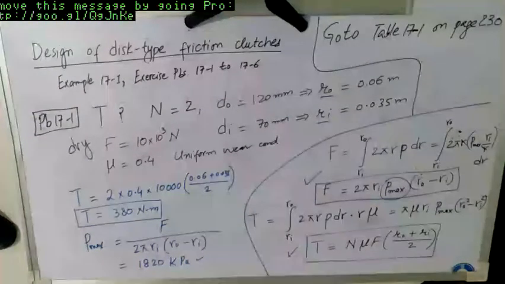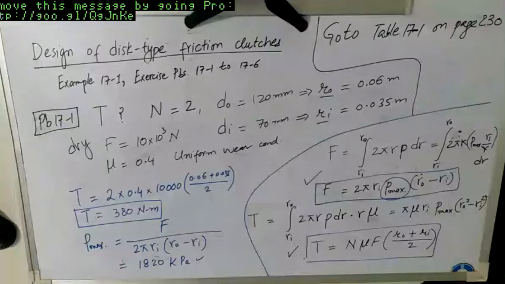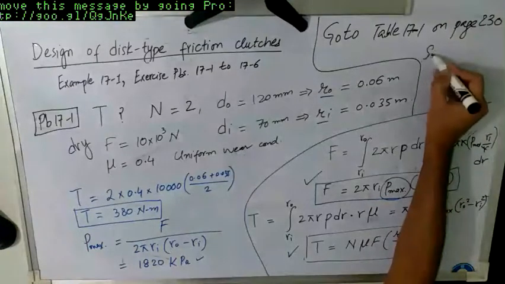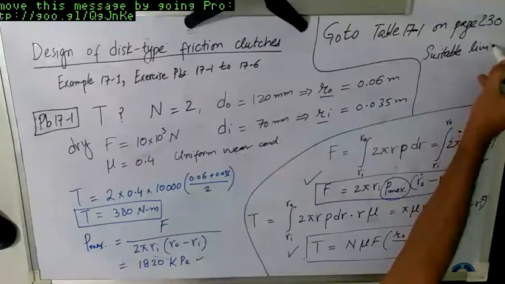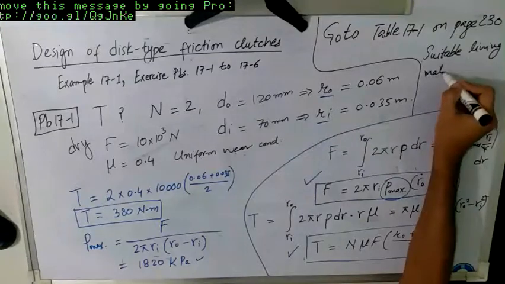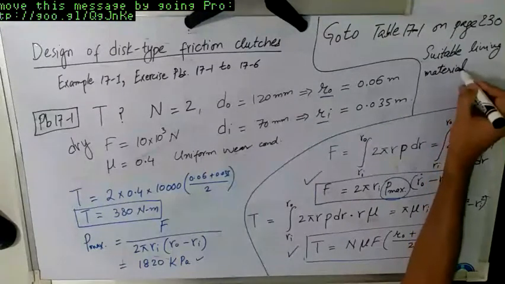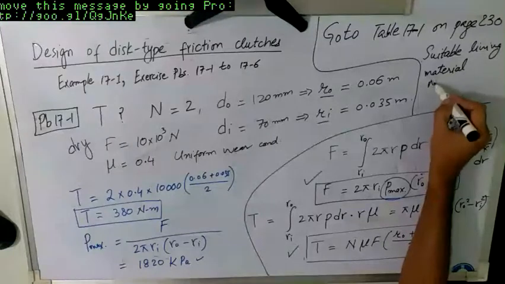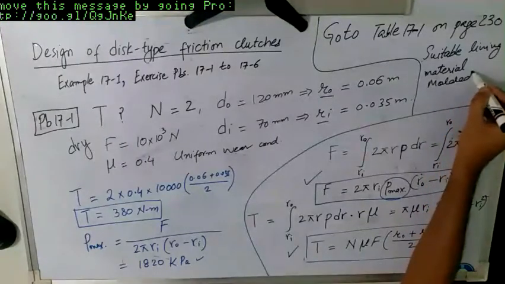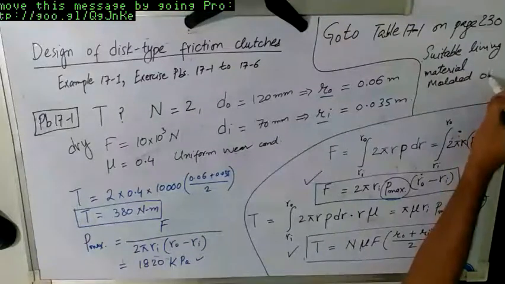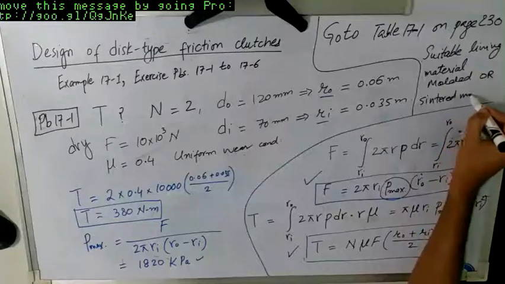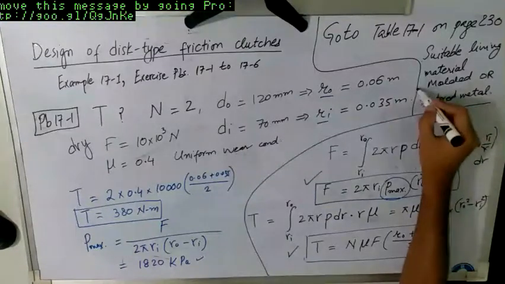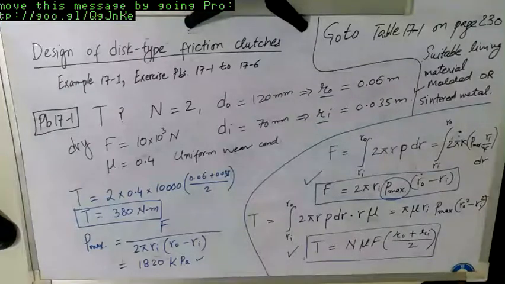So for this clutch, the suitable lining material is either molded or sintered metal. So that answers the question in the problem.